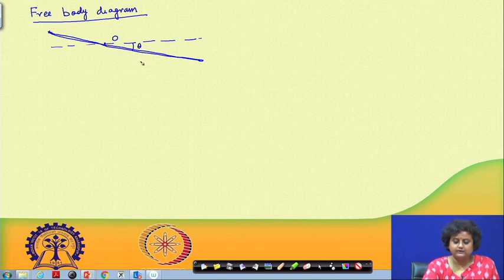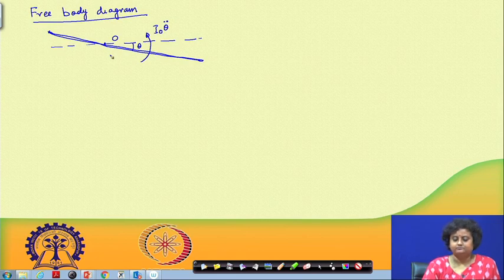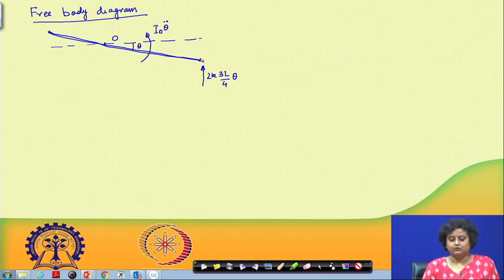One is of course the inertial moment, which I call I_O into theta double dot, where I_O is the moment of inertia about the point O. There would be a spring force, because the spring has been compressed, which is going to be 2K into 3L by 4 theta. The spring is compressed, so there is an upward force.